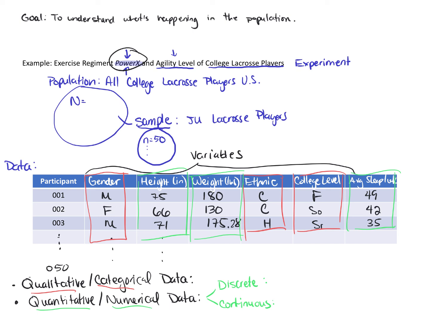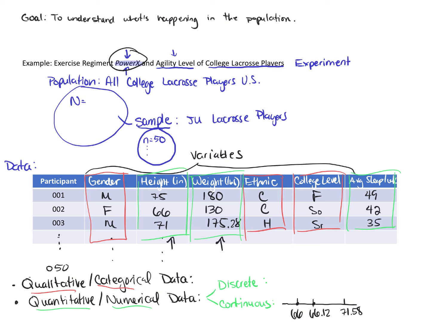Okay, so what is the difference between discrete and continuous? Continuous numerical data is data where, when you collect data that is numerical, you can list the responses from your participants on a number line that is continuous. So an example of that would be height and weight. So if I collect data about someone's height, someone could be 66 inches, but they could also be maybe 66.12 inches, or they could be 71.58 inches, all right?